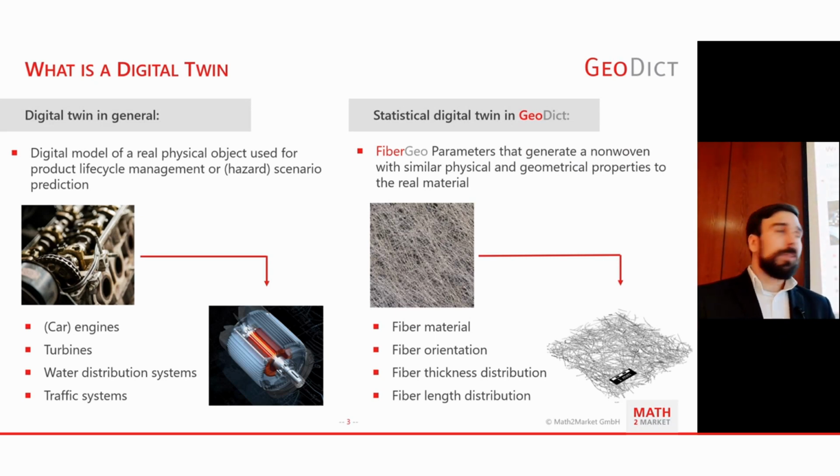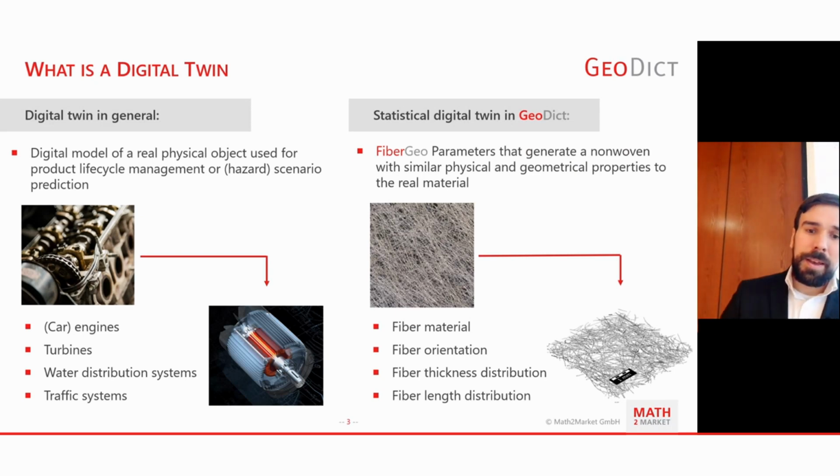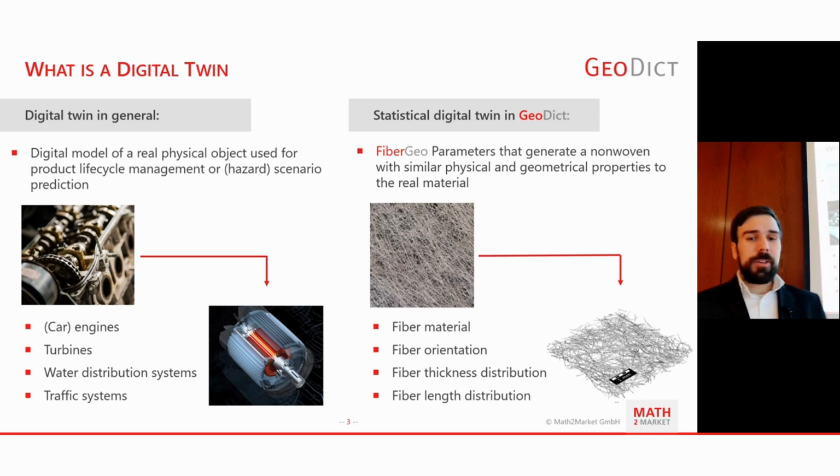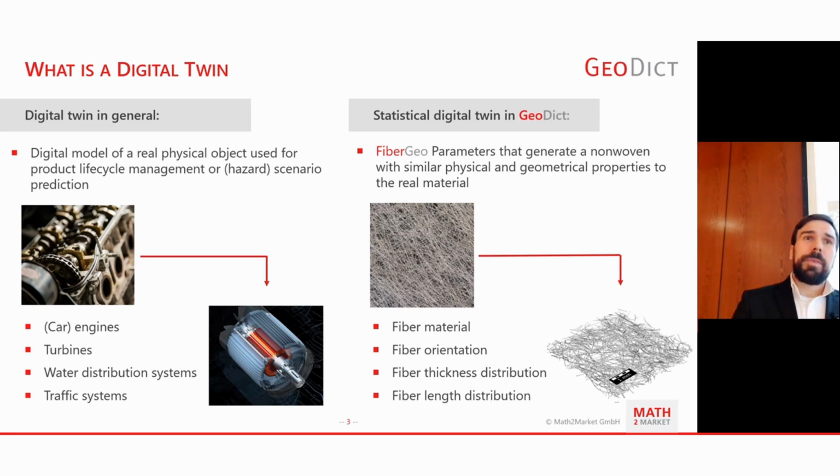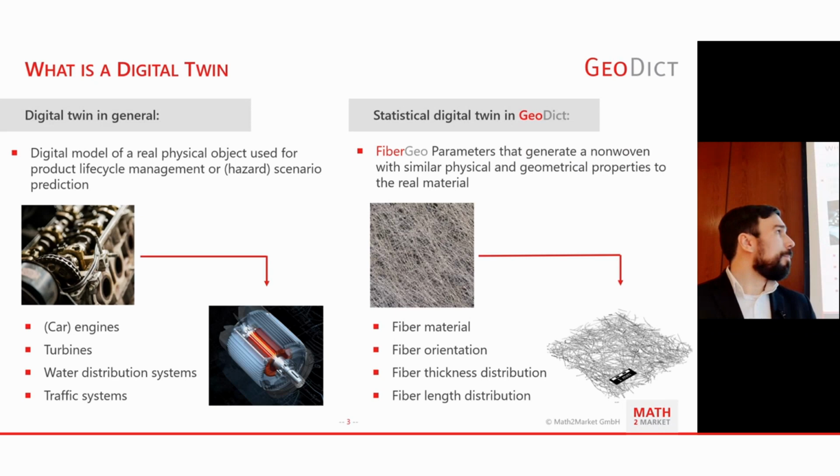And for us, that means we call it a statistical digital twin. It is not an exact representation of a real material, but you can think of it more like a set of parameters that you can use with FiberGeo or whatever Geodict modules to create something that has a similar geometry to the original material, and also ideally physically the same properties if you, for example, simulate flow through it.